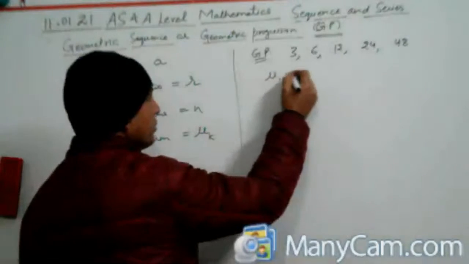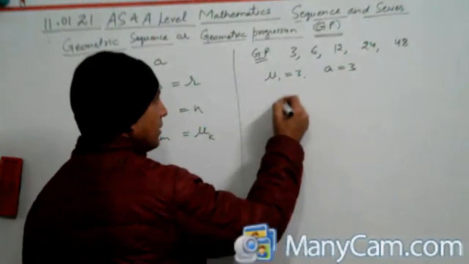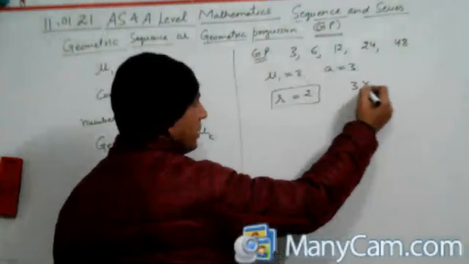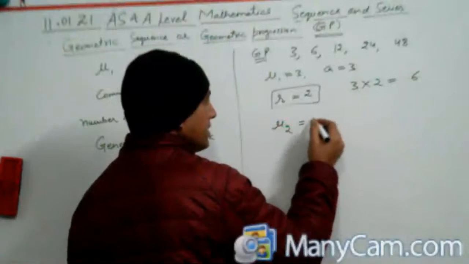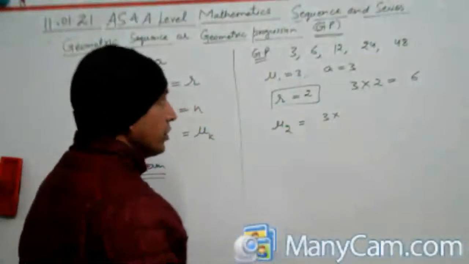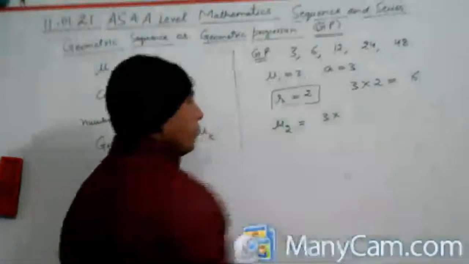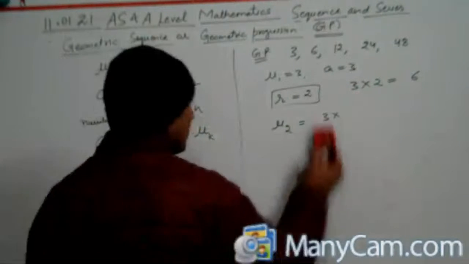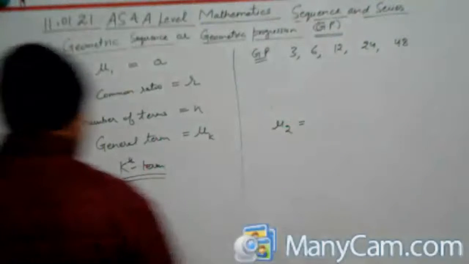So what is A? The first term, U1, is equal to 3, or you can say A is equal to 3. What is the common ratio R? R is 2 here. Why? Because 3 into 2 is equal to 6. So U2 is 3 into 2, and the next is 3 into 2 square, that is 12.